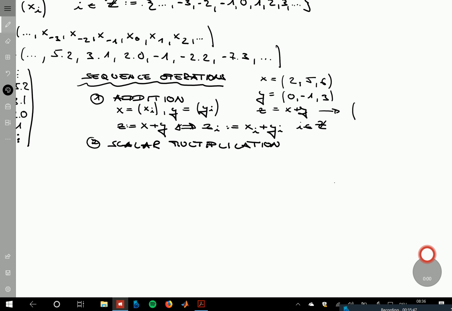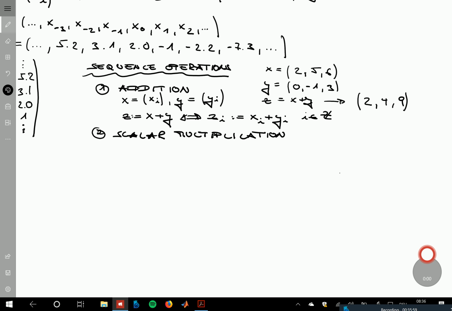What's the first element of Z? 2, 4, and 9. Exactly. So that's really an element-wise thing. It's straightforward.